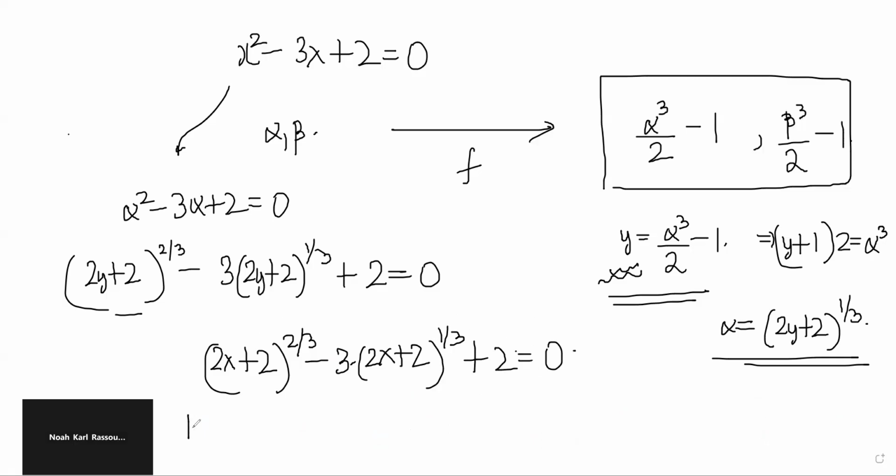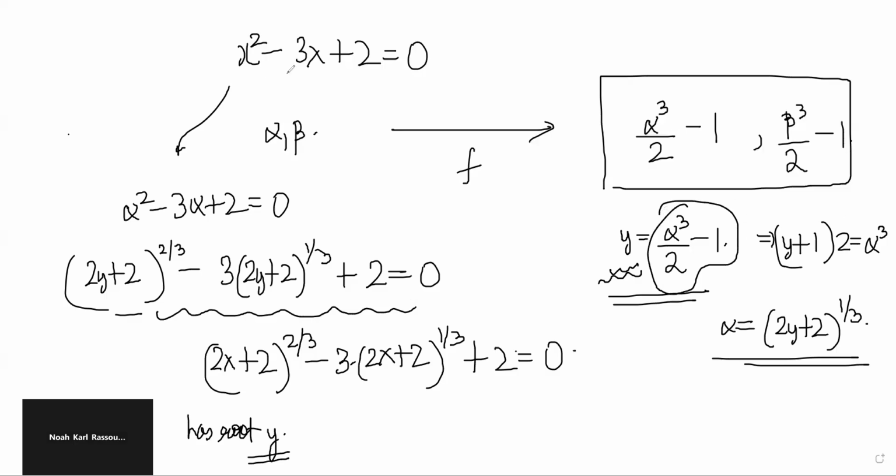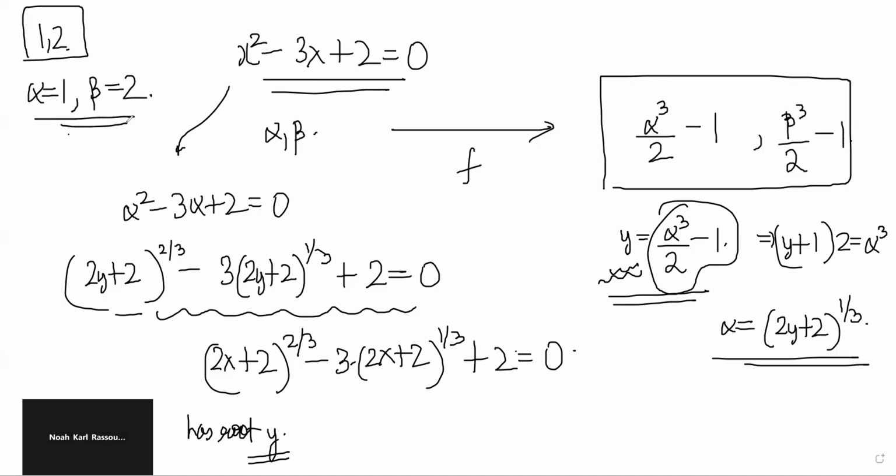This equation has root y, because if we put y for x, that is satisfying, right? Okay, and y was equal to this. Now look at the original equation. I already know the roots are 1 and 2. So alpha is 1 and beta is 2, right?